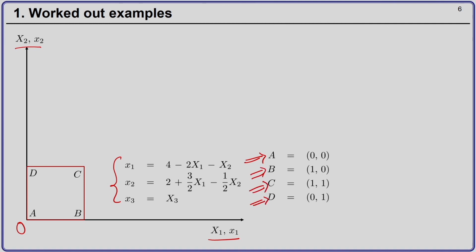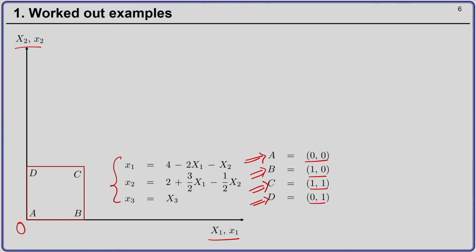For example, A is at the origin, so the coordinates of A are 0 0. B is along the x1 direction, so its coordinate is 1 0, because the square is of unit length. C will be 1 1, and D will be 0 1.